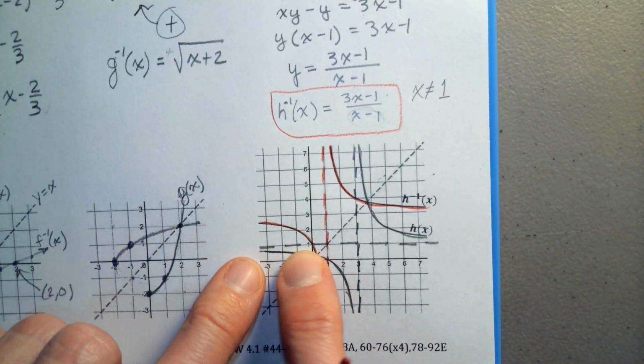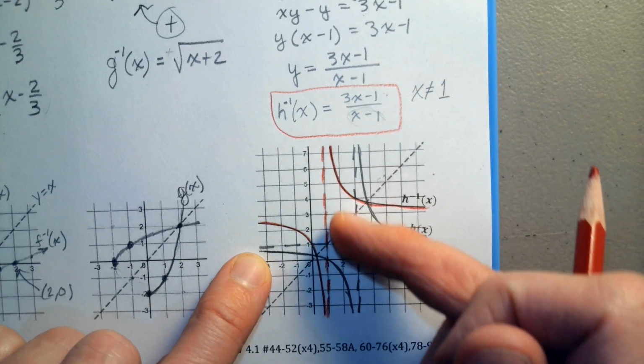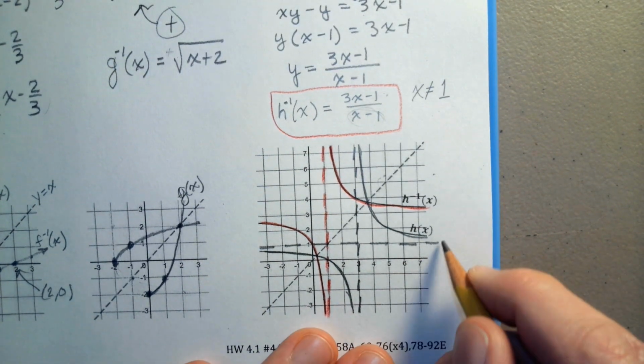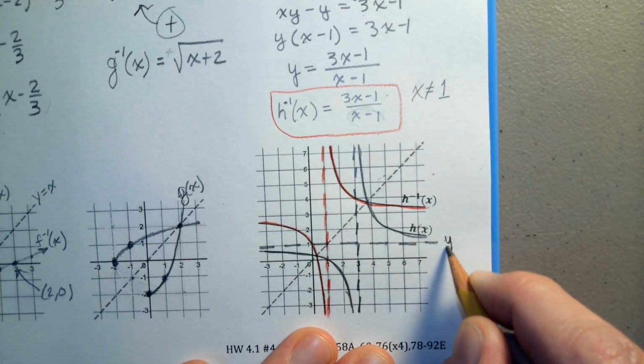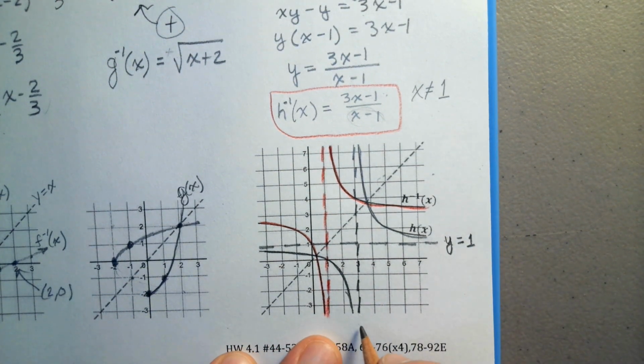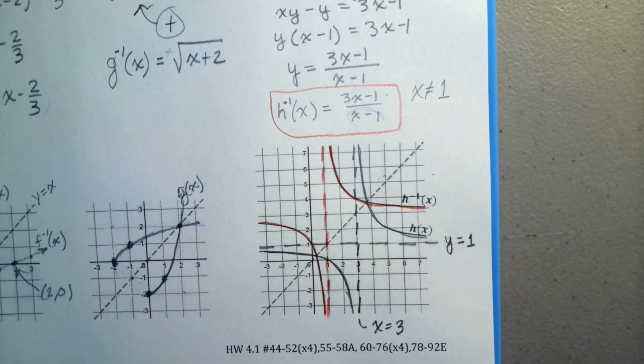But the original function's horizontal asymptote of 1 is where our vertical one is now. Remember, this was y equals 1 and had an x equals 3 in the original function.